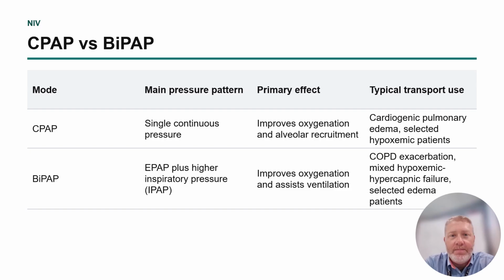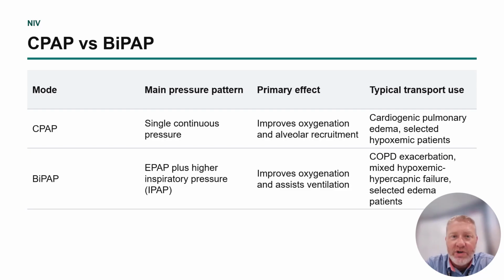But CPAP, just positive pressure, holds the airways open throughout the duration of the breathing cycle, so inspiratory and expiratory phases. The PEEP itself, or the CPAP, those are all the same. CPAP, EPAP, PEEP, all the same. That is the amount of pressure that is exerted on the lungs around the alveoli at end expiration. So it holds those lungs open, measured in centimeters of water pressure, and that helps in a couple of ways.